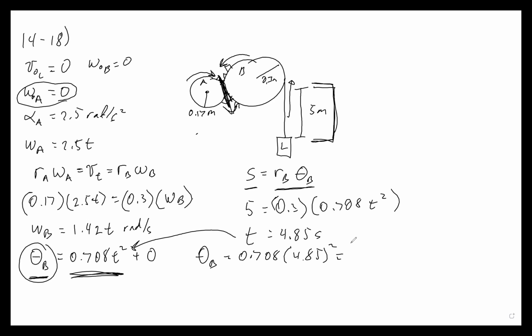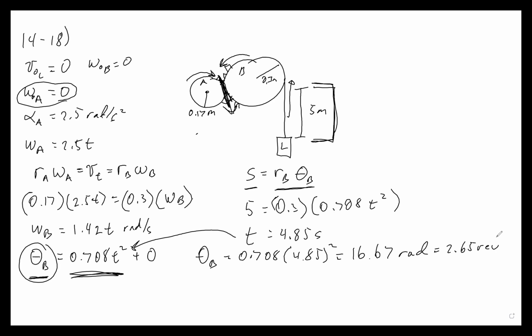That ends up being 16.67 radians. For perspective, 16.67 radians is roughly equal to 2.65 revolutions. So that is the answer to part B.